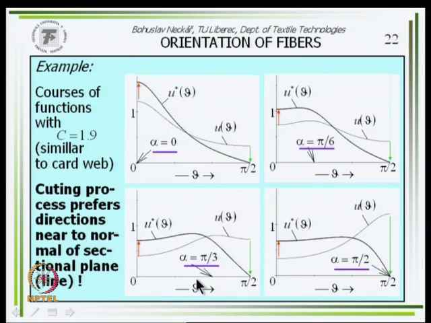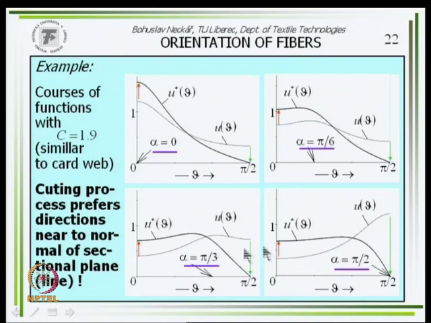This is the graphical interpretation of our last equations. You can see that there are differences between the probability density function of orientation of fiber segments in the whole fibrous assembly, U theta, and U star theta, the probability density function of distribution of fibers in the cutting line.